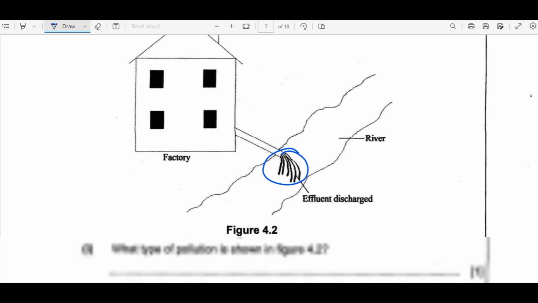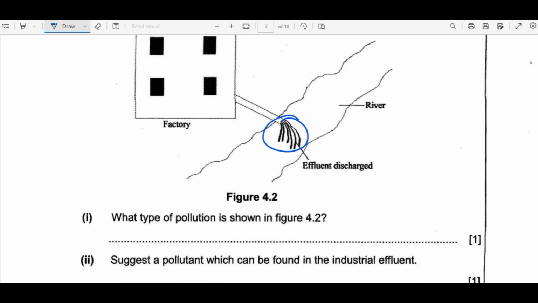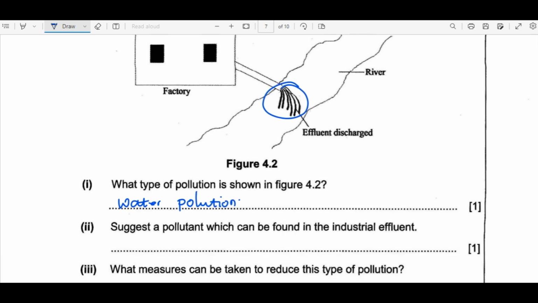So we have 2 types of pollution, but we focus on water because we are asked in the question about the discharge of these unwanted substances into the river. So say water pollution. Then suggest a pollutant which can be found in the industrial effluent. So we can say nitrogenous waste product.